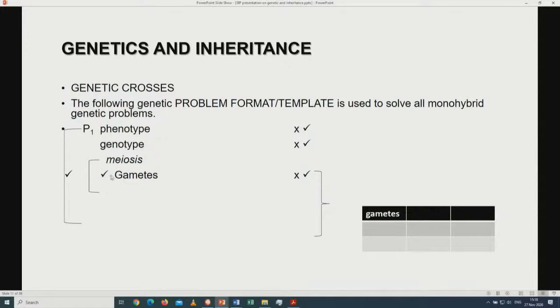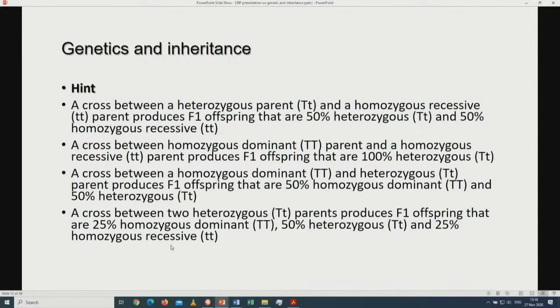Gametes are formed, then fertilization occurs. For fertilization you either cross the lines, or you provide an answer with a Punnett square. And then we indicate the F1 generation, the genotype of the F1 and also the phenotype of the F1.